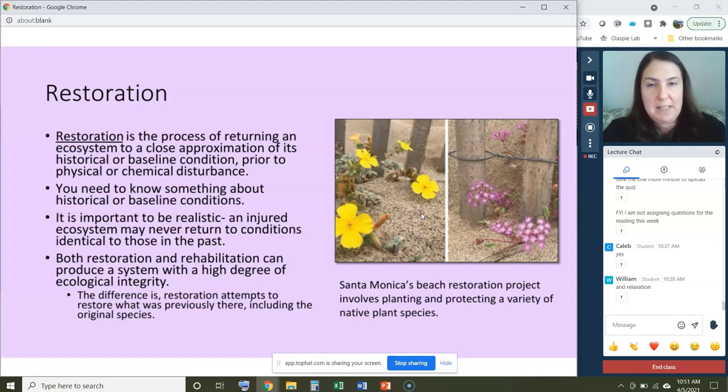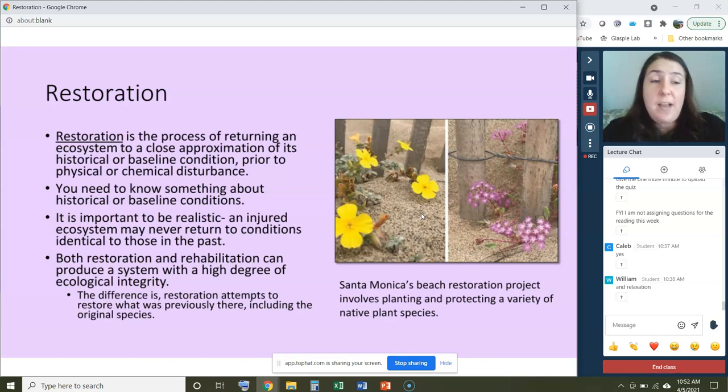You're never going to get something that's exactly the same. You can do a pretty good job. As I mentioned before, sometimes species are not ideal for that ecosystem anymore because of climate change or some other reason. And so you might have to rely more on some other species that existed there previously, and that's okay. So you have to be realistic.